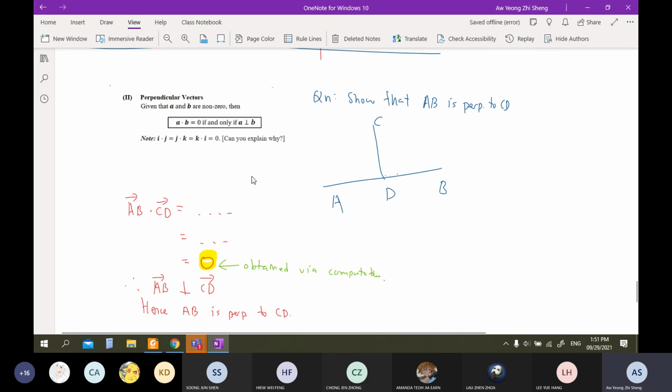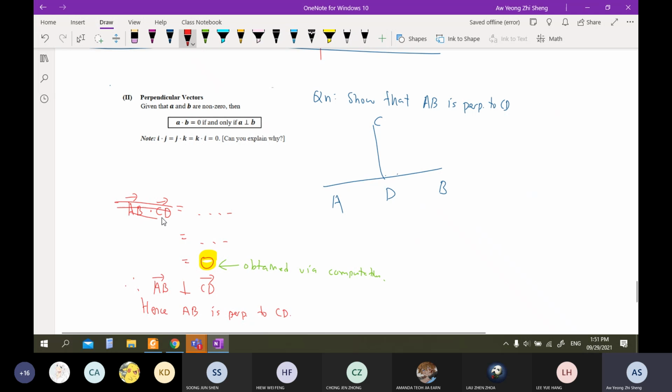Okay. So can we use a different pair of vectors to show? If I don't like to use vector AB and CD, I can also use a different pair. As long as I have a vector formed from using points A and B, so I can actually take BA dot CD. If I can show BA and CD are perpendicular, then of course the lines AB and CD are also perpendicular.